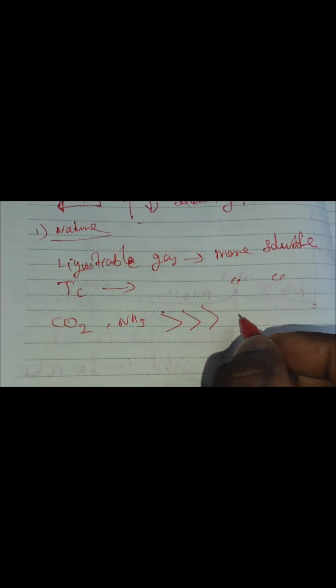For example, carbon dioxide and ammonia have a high critical temperature, so their solubility is greater compared to H2 and helium gases. Wherever the gas has a higher critical temperature, it is more soluble in the solvent.